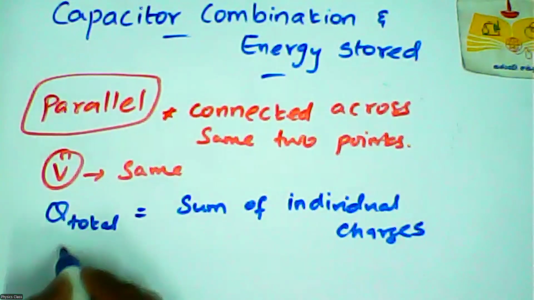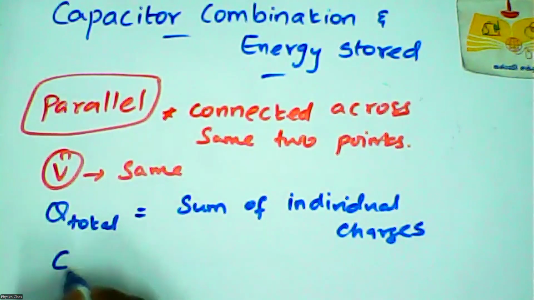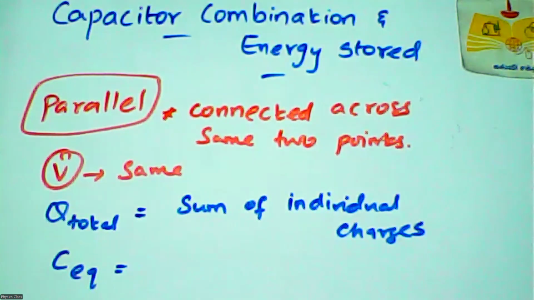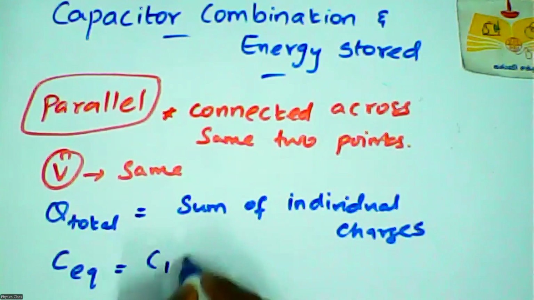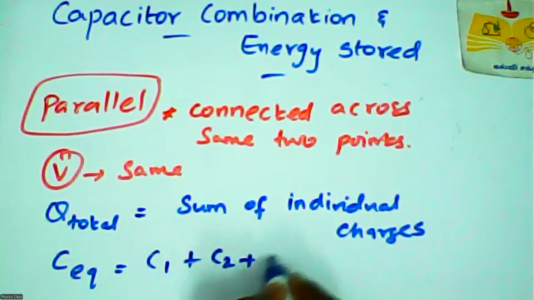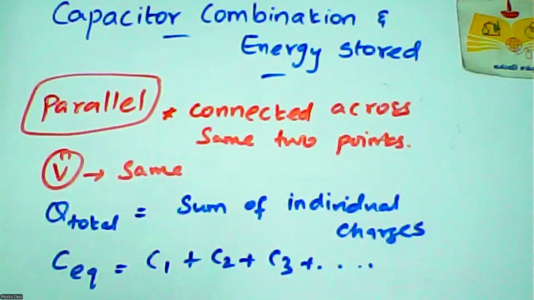To find the equivalent capacitance, that means total capacitance, we simply add the capacitances together: C1, C2, C3, etc. So this is for parallel combination. Capacitors are connected across the same 2 points.